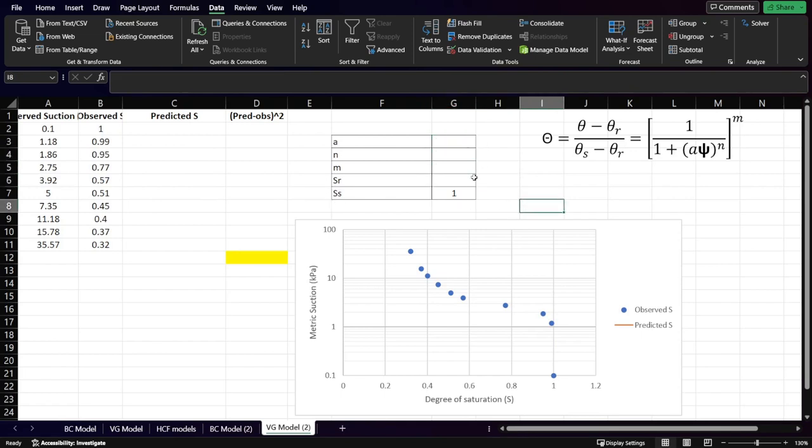Here I've written the equation for the Van Genuchten model, which gives the capital theta equal to theta minus theta r upon theta s minus theta r, which equals 1 upon 1 plus a psi to the power n, to the whole power m.